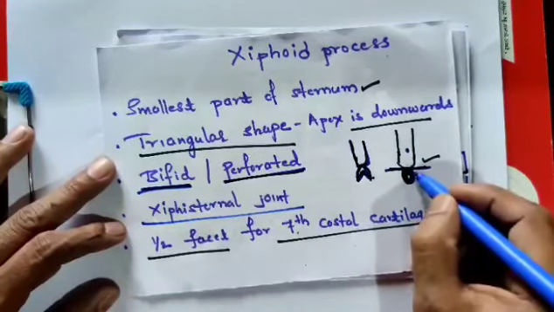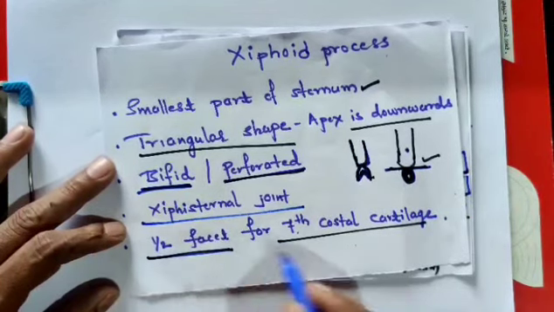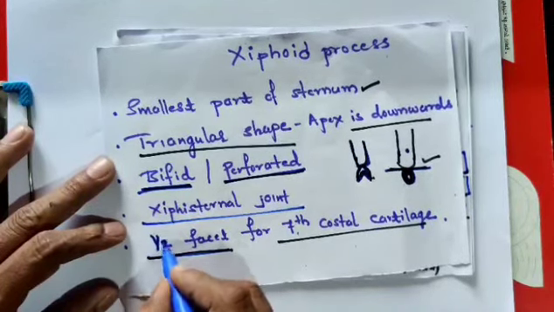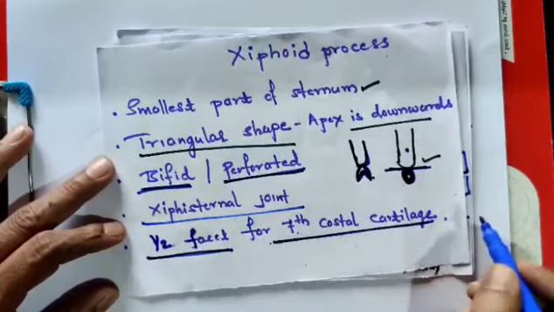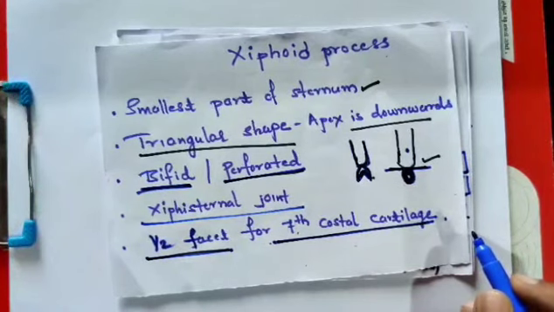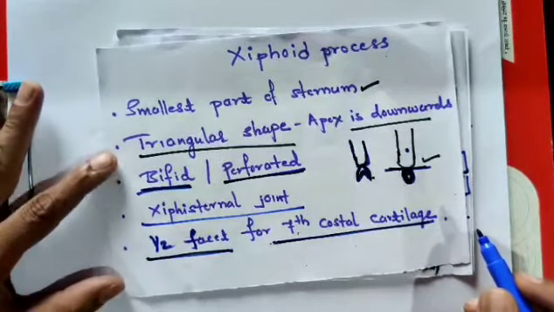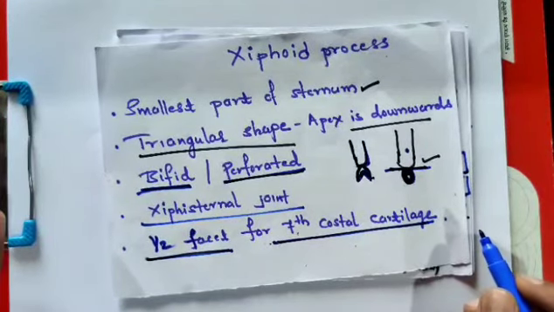On the lateral side of the xiphoid process, we find a half articular facet. This half articular facet is for the seventh costal cartilage. It means the lateral border of the sternum consists of only seven costal cartilage articulations.